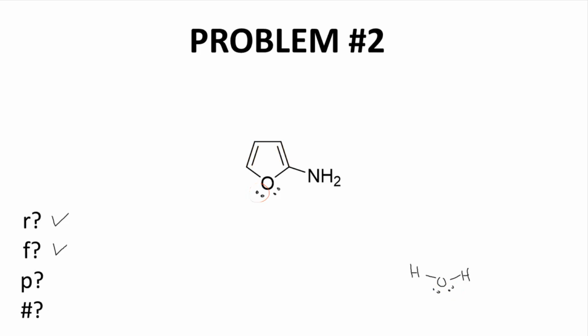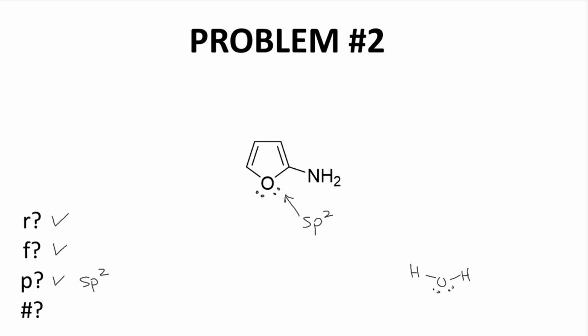Lone pairs, when they're next to double bonds, tend to, one of them will want to go in a p orbital so it can delocalize and do resonance with the pi bonds. So this is actually, indeed, an sp2 hybridized oxygen. So everybody is sp2 here.